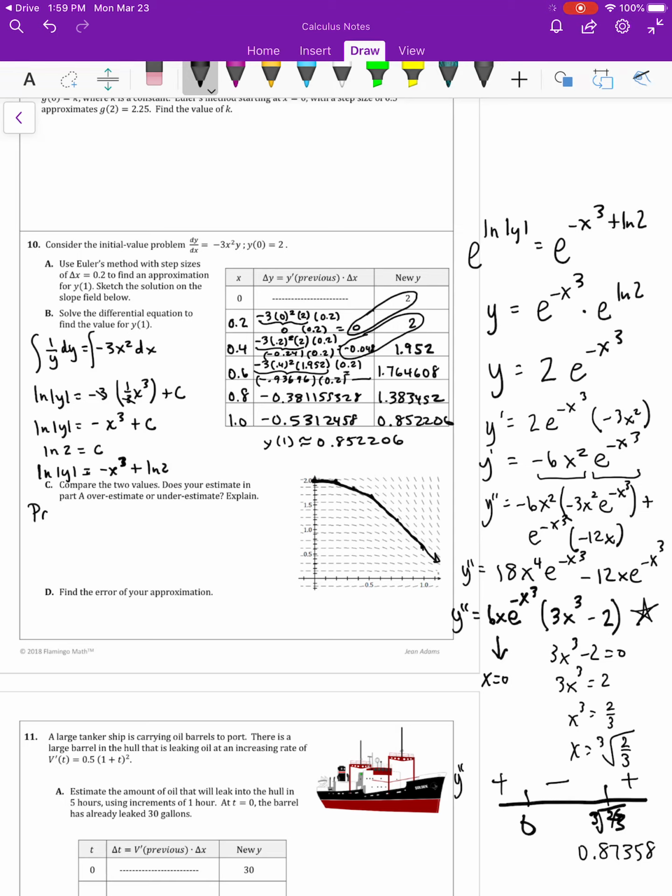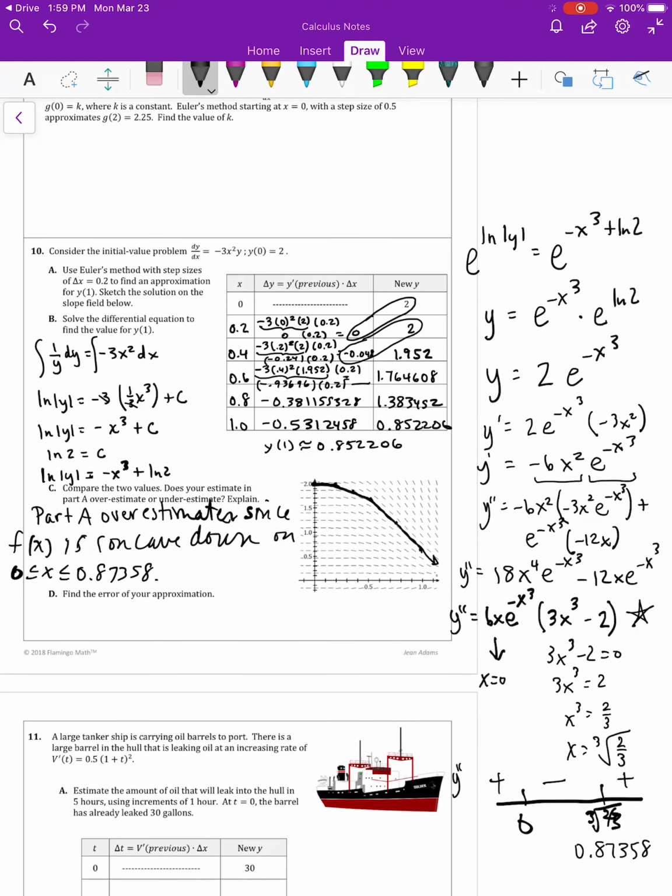And so whenever they wrote about it, I think they said something like, part A overestimates since f of x is concave down on, and I was wondering if you were wondering where this 0.87358 came from.